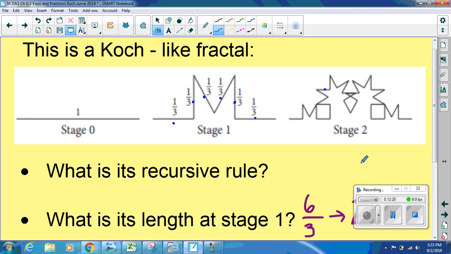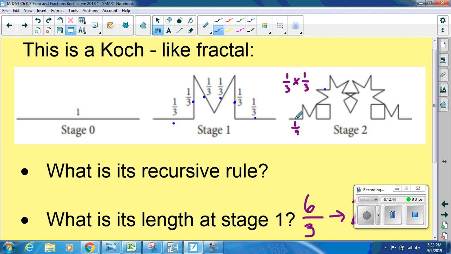My length at stage 2. Remember from my last Koch curve, I've broken each piece into thirds, right? And each is a third of what it was before. So it's times a third. At stage 1 it was a third, now it's a third of that, so a third of a third. Now each of these is a ninth, just like in the last Koch curve I did.